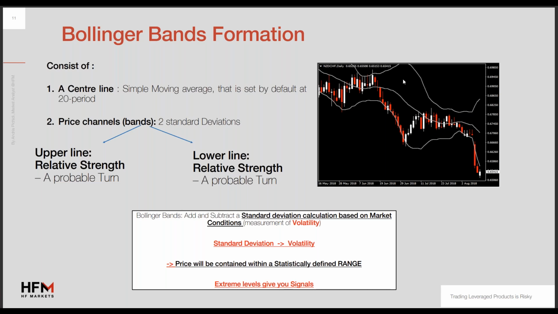And the upper and the lower lines are created using the standard deviation. So the upper band represents a level that is statistically high or expensive, let's say, while the lower band represents a level that is statistically low or cheaper.